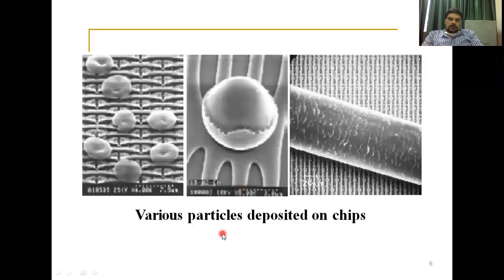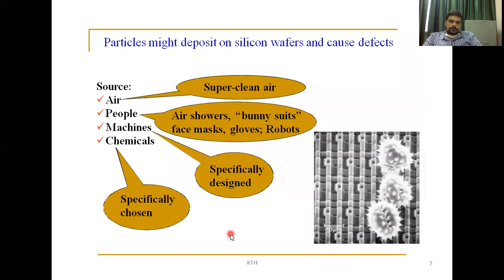Now these are the various particles that may be deposited on the chip. By using a very precise microscope, we can see this. These particles might deposit on the silicon wafers and cause defects. So what are the sources of that? Air is the source, people, machines, and chemicals are the sources.